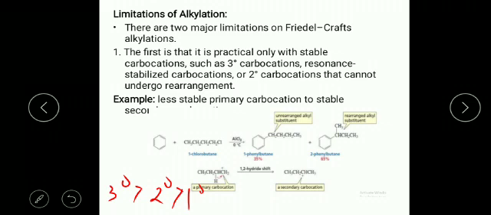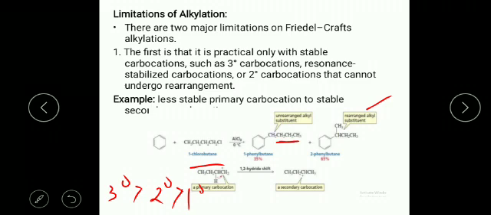The first is that it is practical only with stable carbocations such as tertiary carbocations, resonance stabilized carbocations, or carbocations that cannot undergo rearrangements from less stable to more stable carbocation. You can see an example in this reaction. Here 1-chlorobutane reacts with AlCl3 and benzene to give 1-phenyl butane.